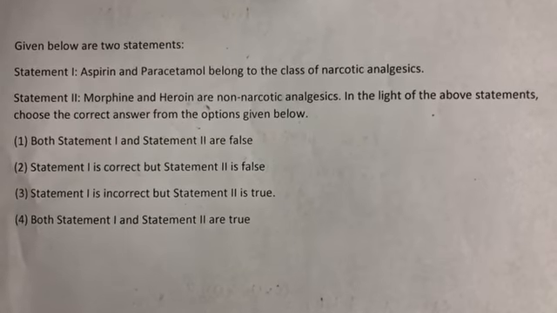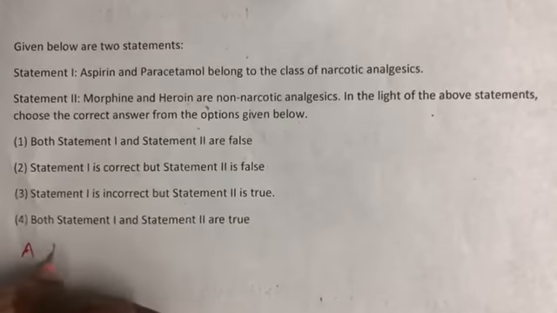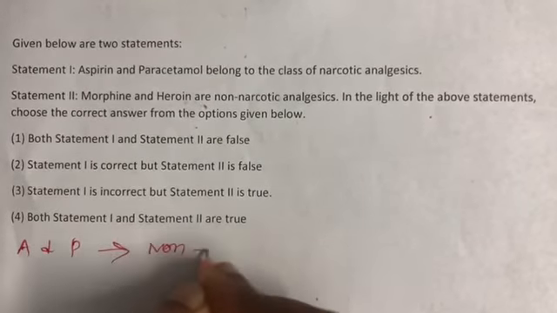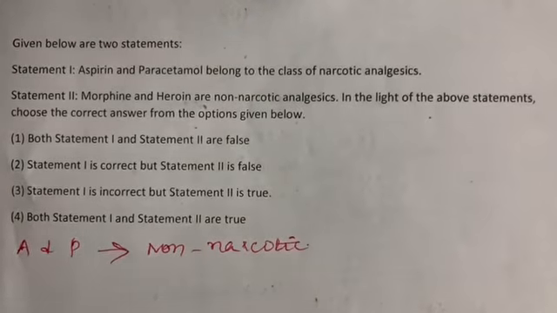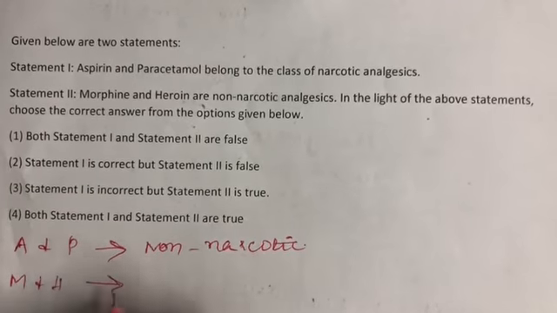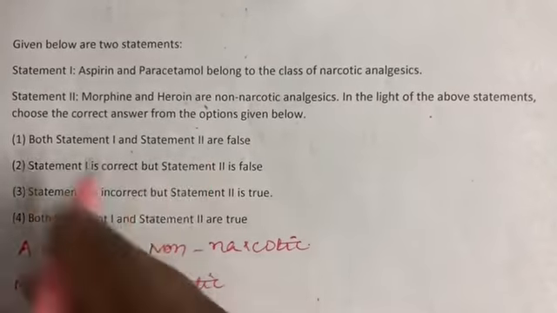Basically, it is the opposite: aspirin and paracetamol belong to the class of non-narcotic analgesics because these are medications, whereas morphine and heroin belong to the class of narcotic analgesics. So both statement 1 and 2 are false.